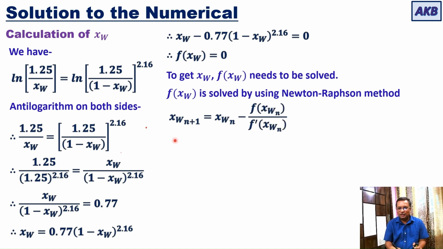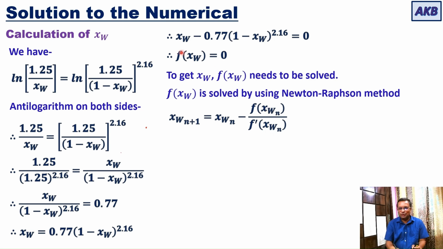The new xw n plus 1, that is the new value for xw, is equal to xw n, the old value of xw, minus f of xw evaluated at xw n, the function evaluated at the old value of x, divided by the derivative of the function evaluated at the old value of x, that is xw n.